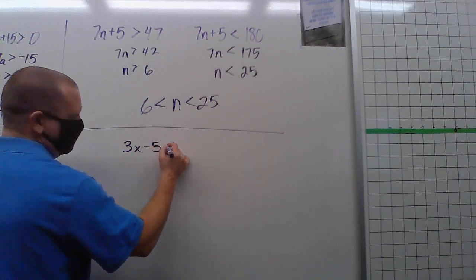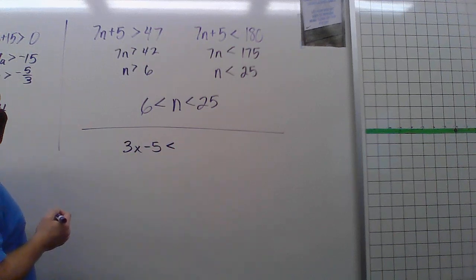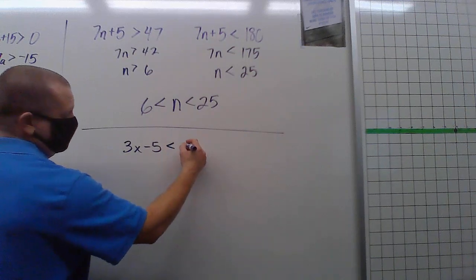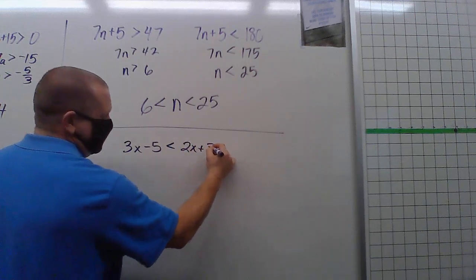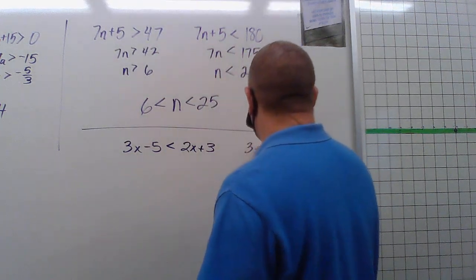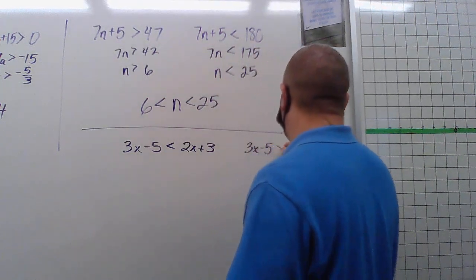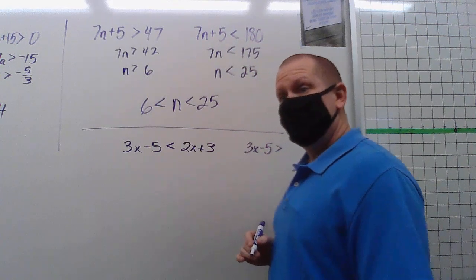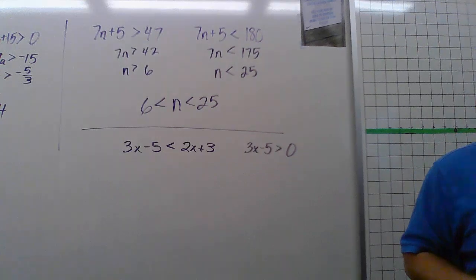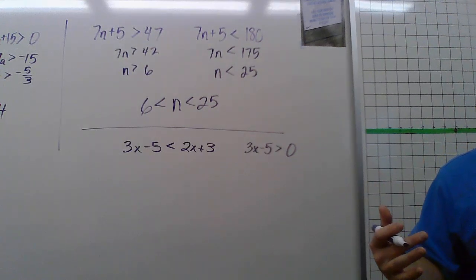Less than how much? What's the other quantity, sorry? 2x plus 3. And if it's less than, then the other one has to be 3x minus 5 has to be greater than what? Still has to be greater than 0, right? Because I always have to have positive numbers.